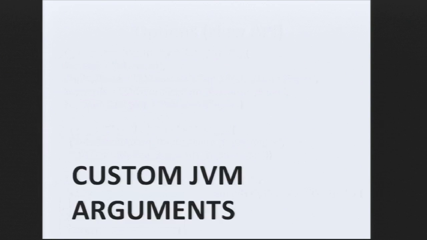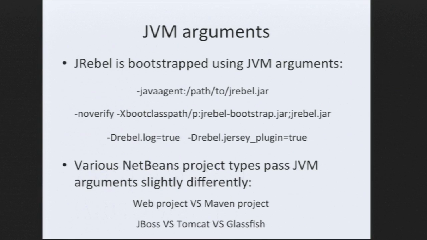So let's proceed to the challenges. Custom JVM arguments. In order to start, JRebel needs to define -javaagent and a path to the JRebel jar. And for the settings, it might require some -D parameters to be available as well. So this is how it's bootstrapped.